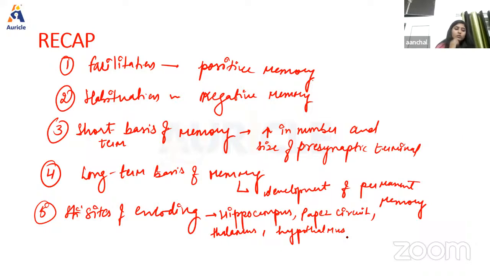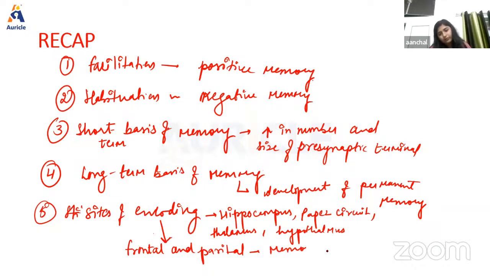Okay, and also various areas like the frontal and parietal areas are also involved in the sites of encoding of memory storage. Okay, so this is all about the physiological basis of memory.